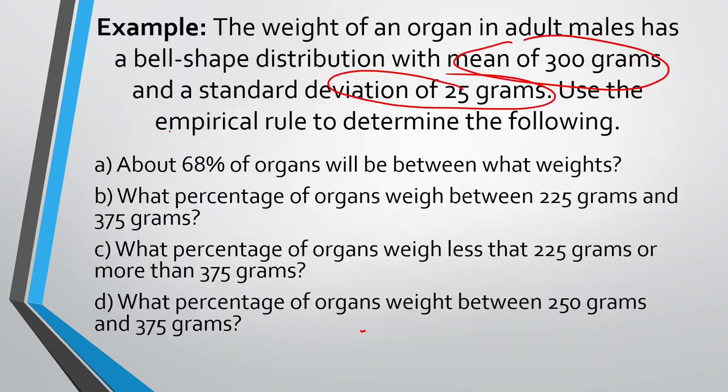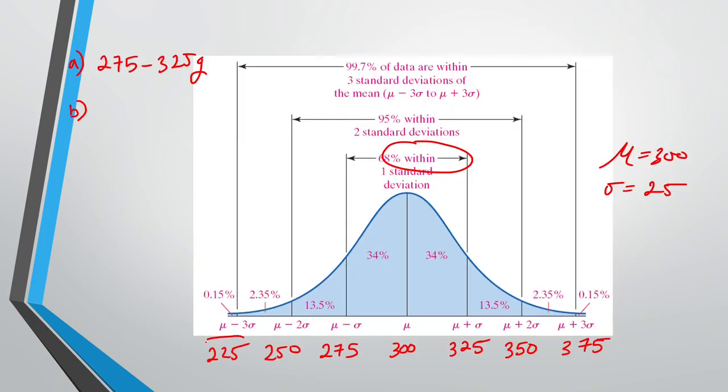For part B, we want to know what percentage of organs will weigh between 225 grams and 375. Between 225 and 375, so it's going to be this shaded region.